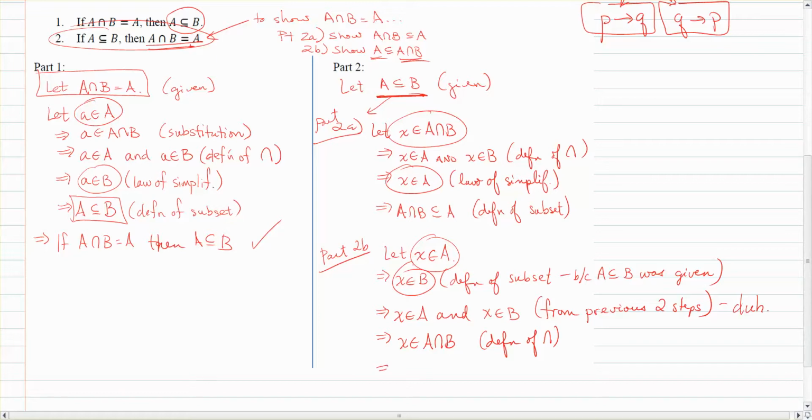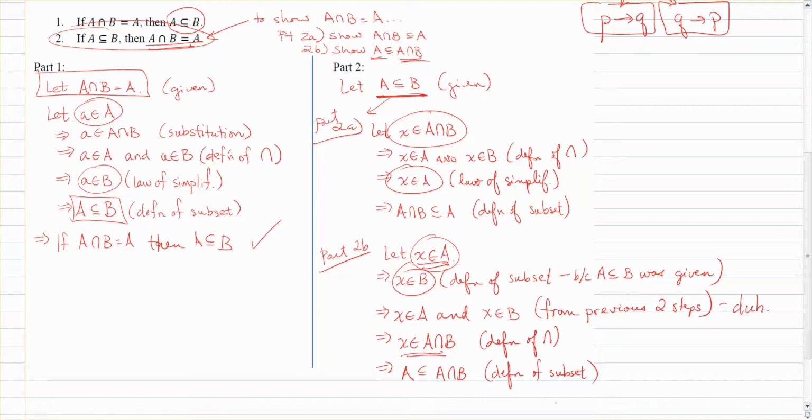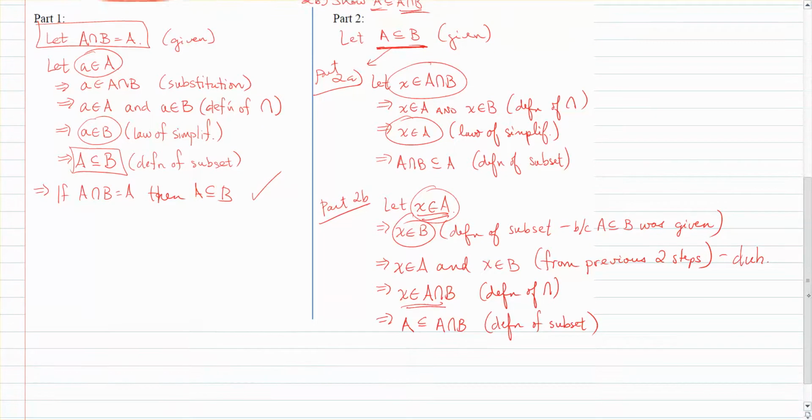So now, since X being in A led us to X is in A intersect B, we know that A is a subset of A intersect B. Definition of subset. Okay, so from parts 2A and 2B, we know that A has to equal A intersect B. Okay, because one's a subset of the other and the other is a subset of the first.